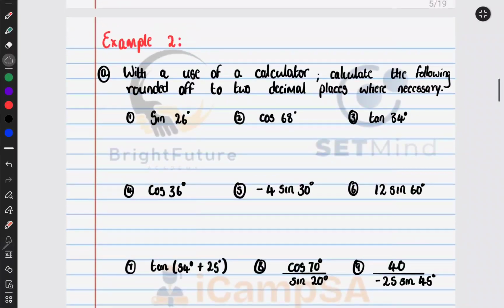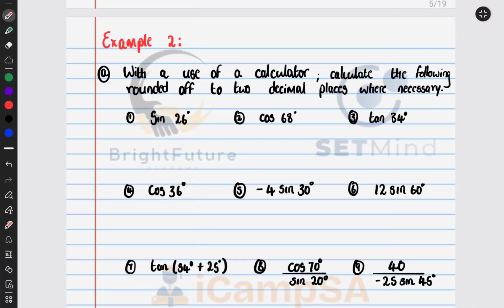Okay, as the instruction says, we have to use the calculator for this one. So you go into the calculator and punch sine. It's usually on the bottom part of the buttons on the calculator if you're using a Casio or a Sharp.